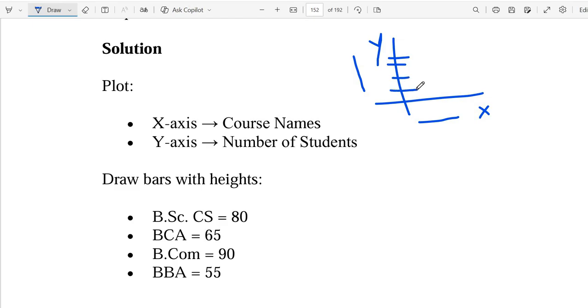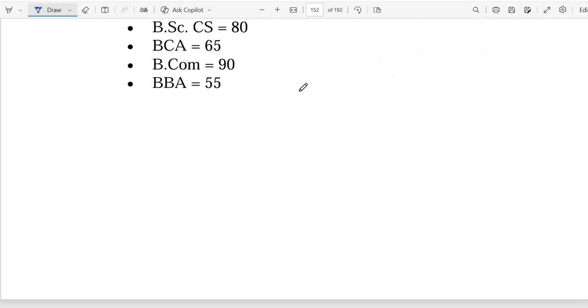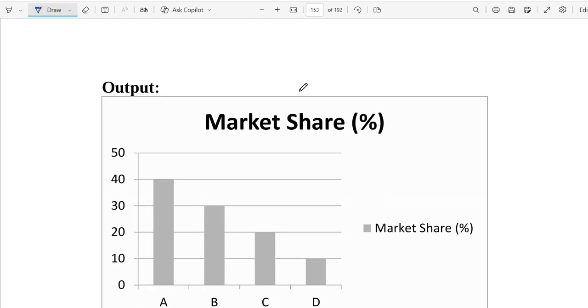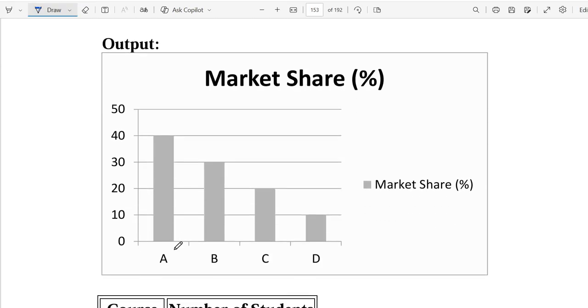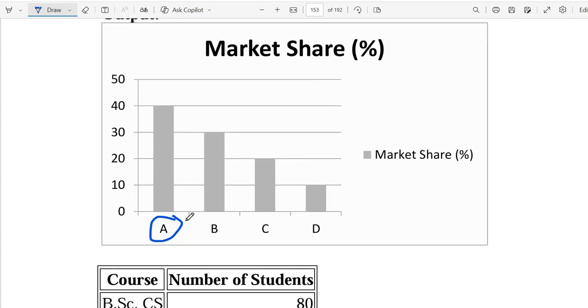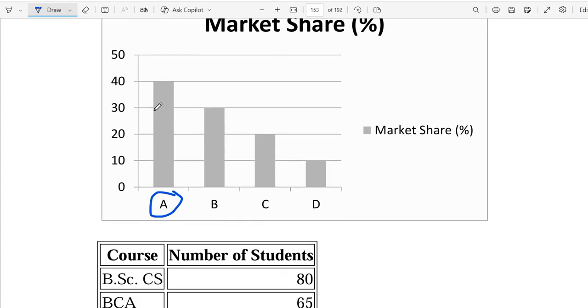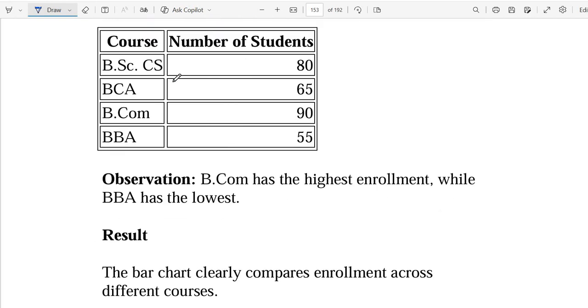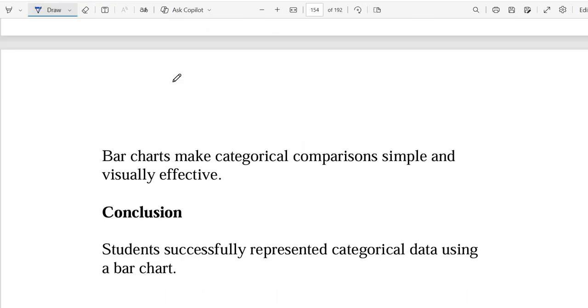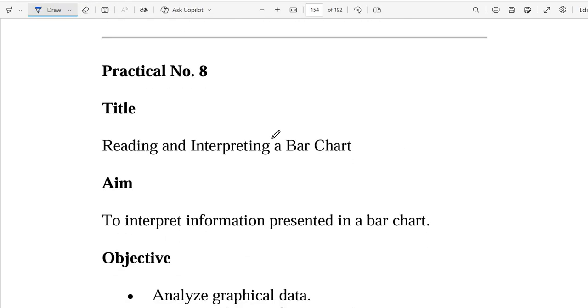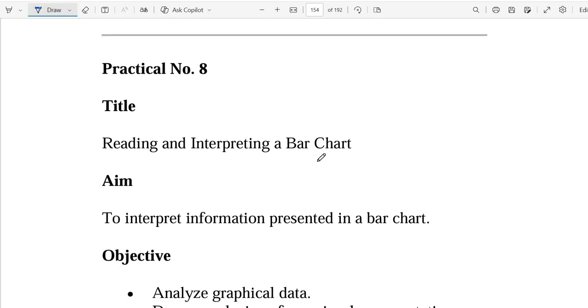When we make the bar graph, it will look like this, showing the courses and their enrollment.